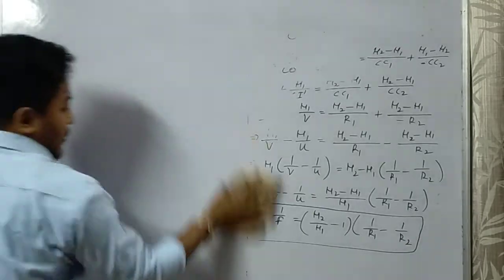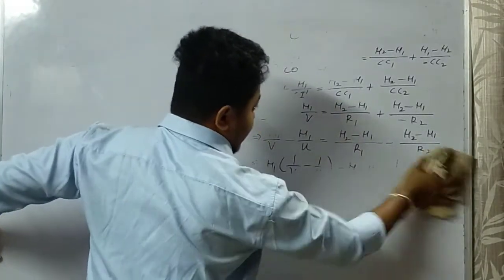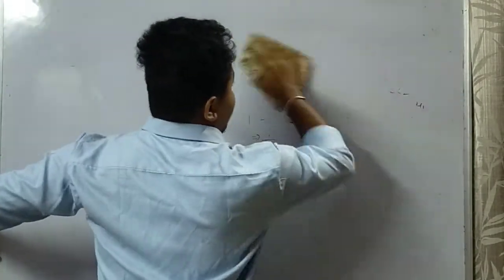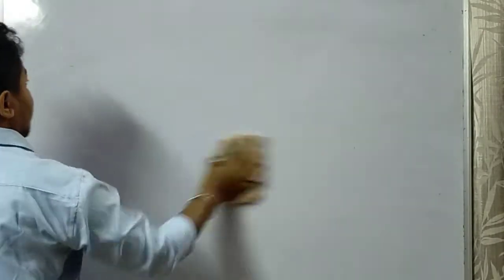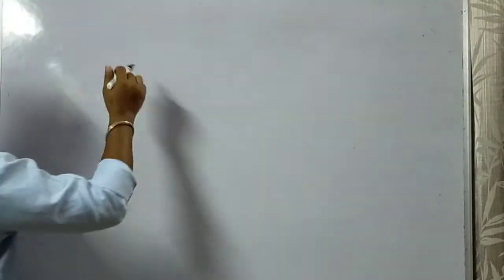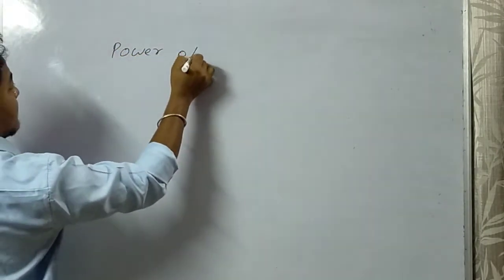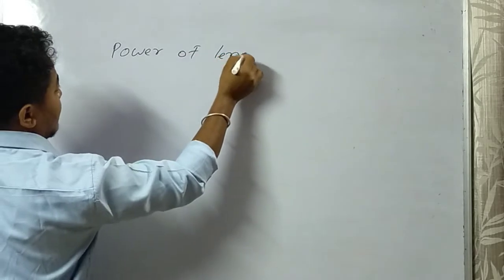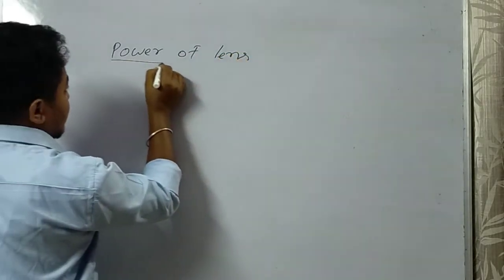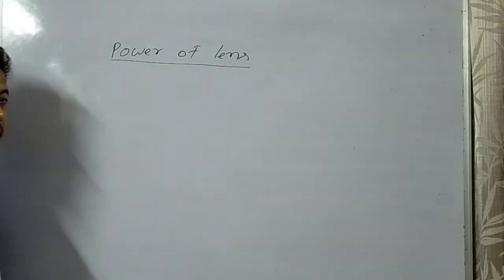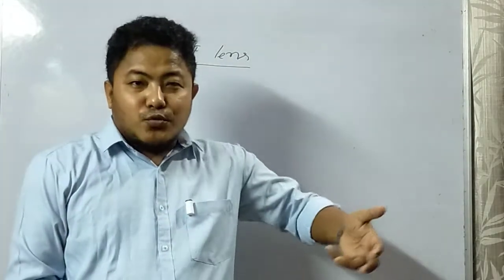We have studied in class 10 in the chapter Light, that is power of lens. What is power of lens? I'll write here, power of lens. We know that there are two types of lens.